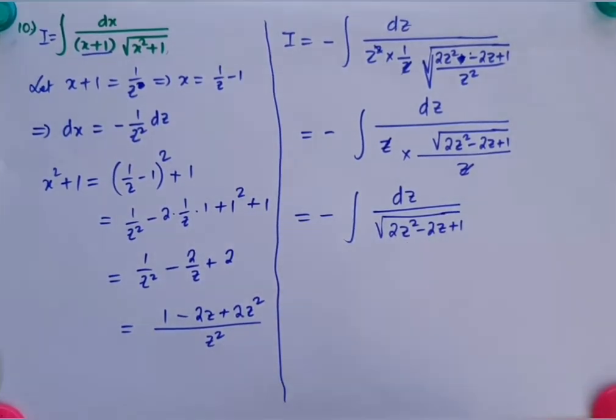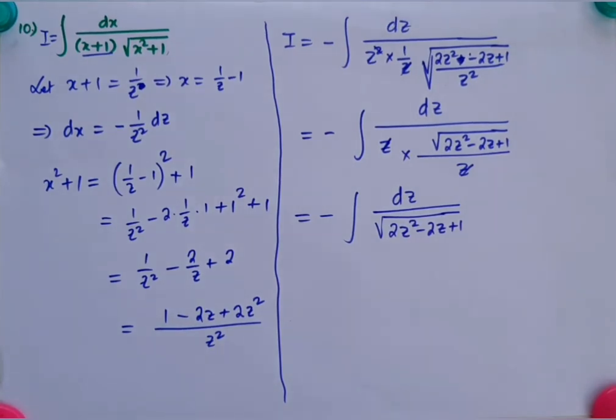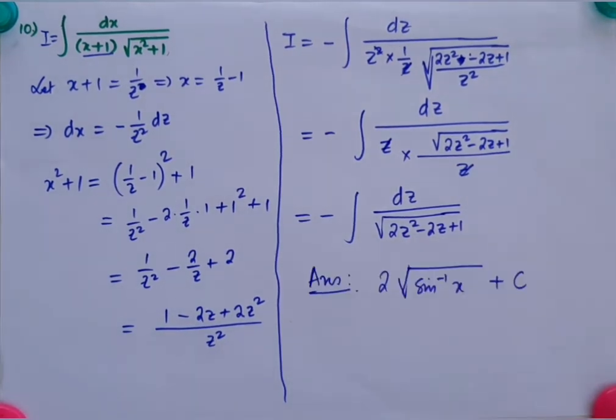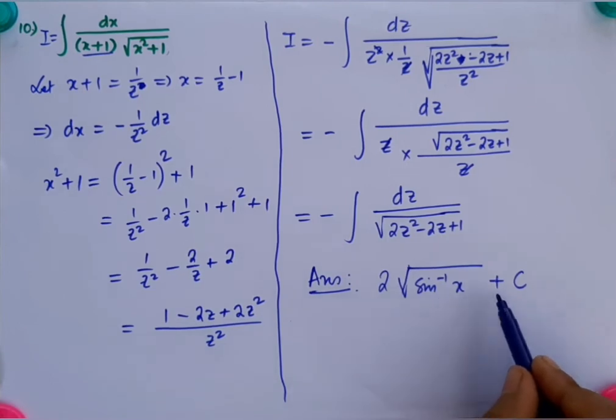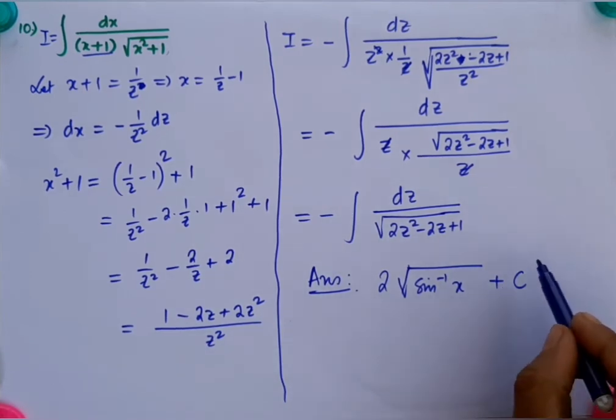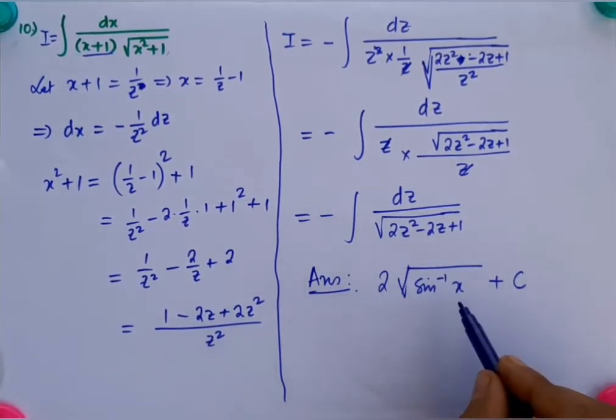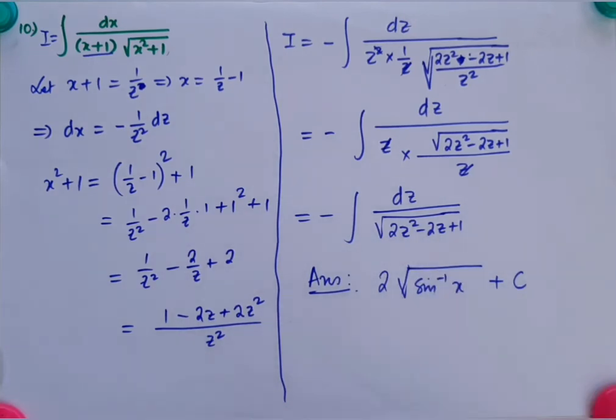Now again you are familiar with this kind of integral. I am not going to complete this, I will just give you the answer. So your answer will turn out to be 2 square root of sine inverse x plus constant of integration. This is the overall answer after substituting the value of z. So this will be your final answer for this particular question. So pause the video and note it down.